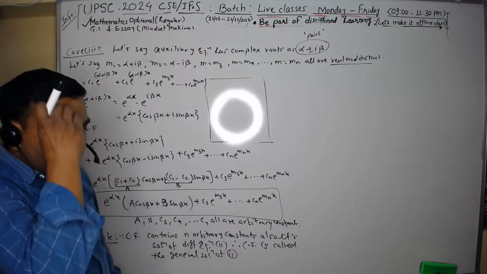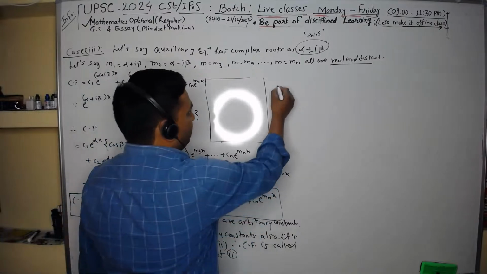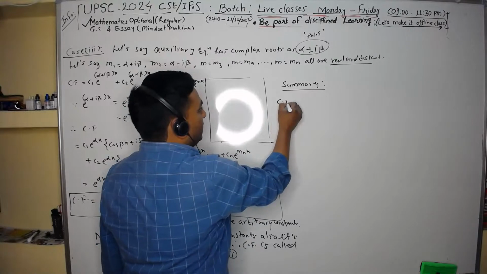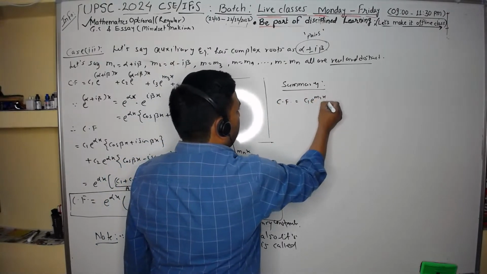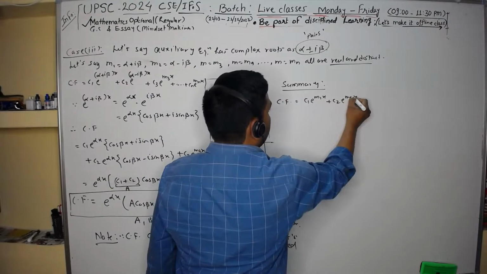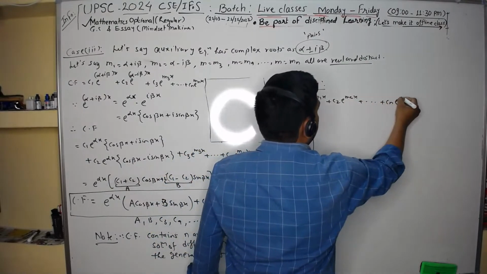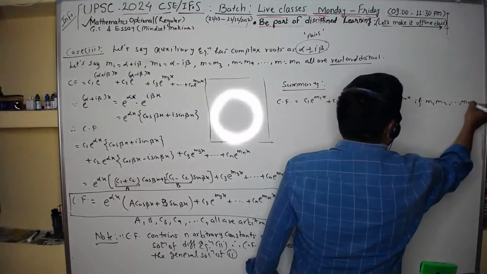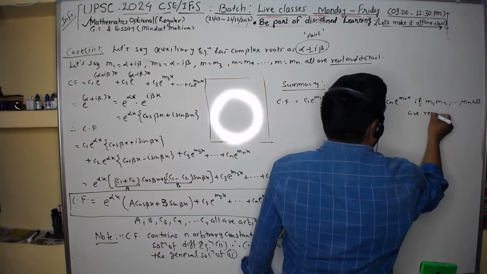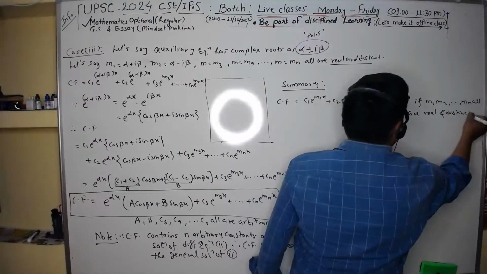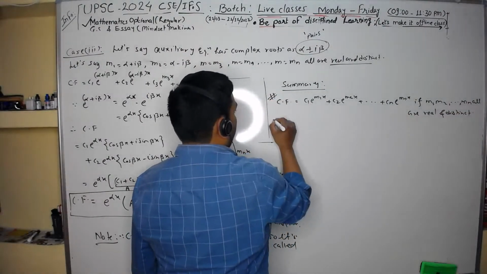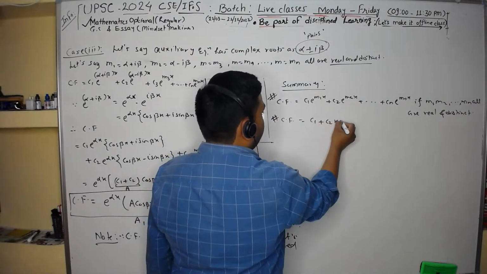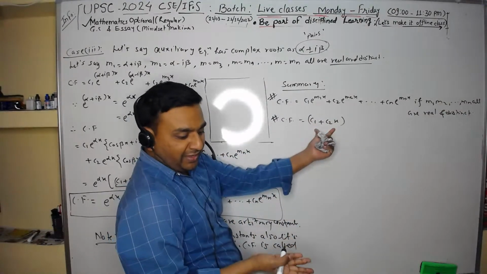So now what can we do with this? We can summarize. Summary: CF is C1 e raised to the power m1x, C2 e raised to the power m2x, up to Cn e raised to the power mnx, if m1, m2, mn all are real and distinct. That is point 1 of summary. Point 2 of summary: C1 plus C2x. Some people write C1x plus C2.